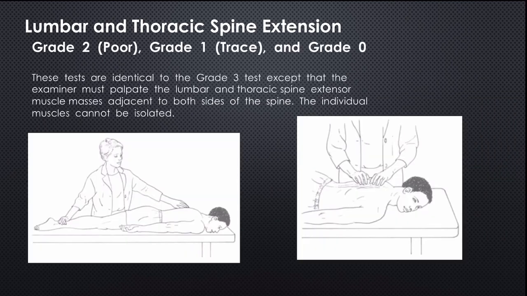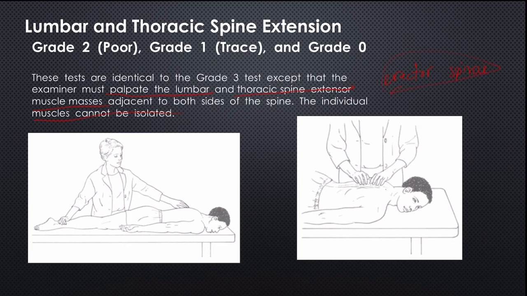Okay, so for lumbar and thoracic spine extension, these tests are identical to grade 3, except that the examiner must palpate the lumbar and thoracic spine extensor muscles. So just simply palpate the paraspinal muscles. It is very difficult to isolate them, so they are usually palpated as a group. Your erector spinae. This is the name of the muscle group, erector spinae.